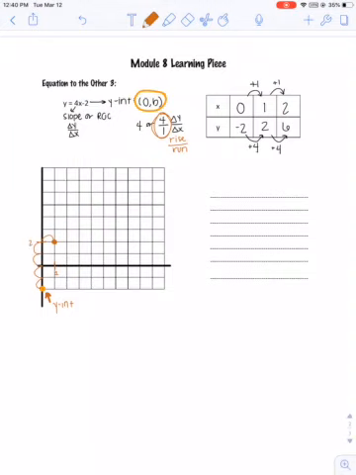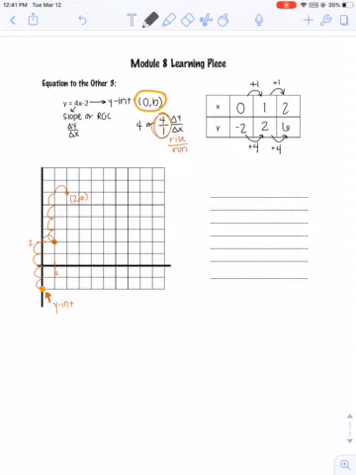Okay, and then I'm going to use the directions again. I'm going to go up 4, and then right 1, and again we find ourselves at 2, 6. So both strategies, either creating a table and then plotting those points, or using the slope and y-intercept as directions for how to graph your line. Either way, you can create the perfect line that matches that equation.